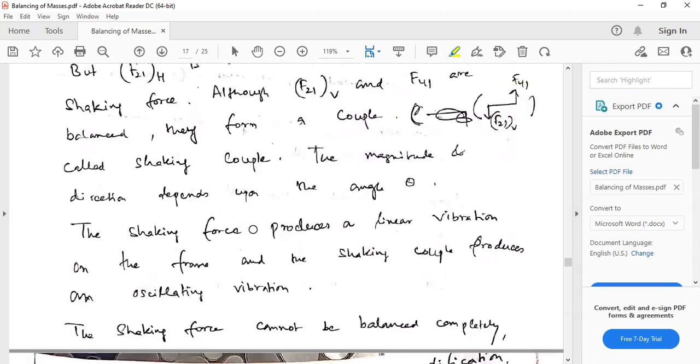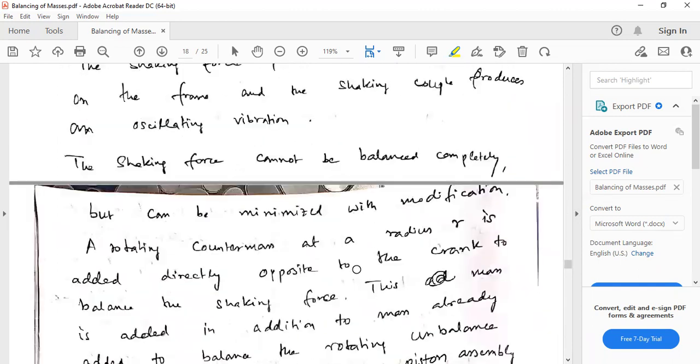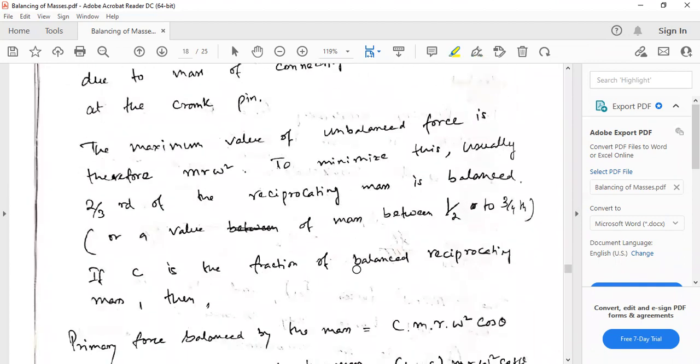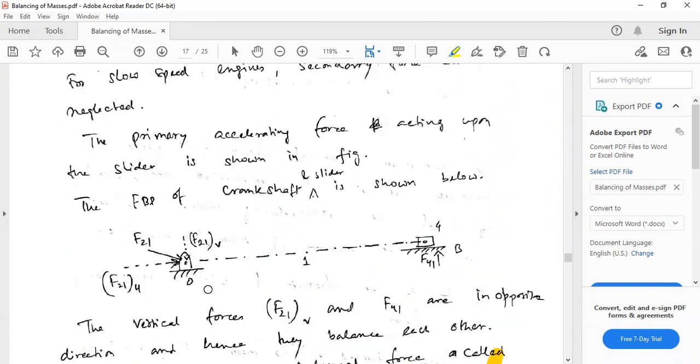One more thing: the shaking couple actually gets balanced. Normally, at the beginning this is the couple, and when the next part comes in the opposite direction, there is no couple in this case. This will always be vertical only.